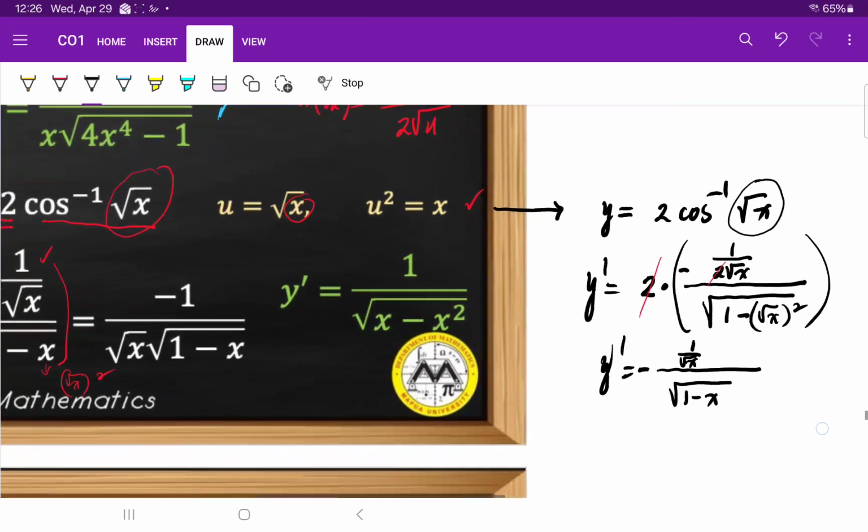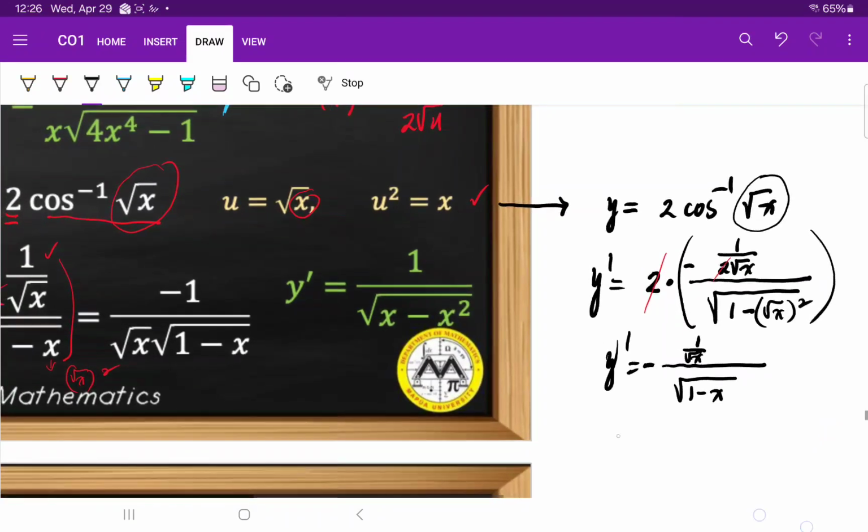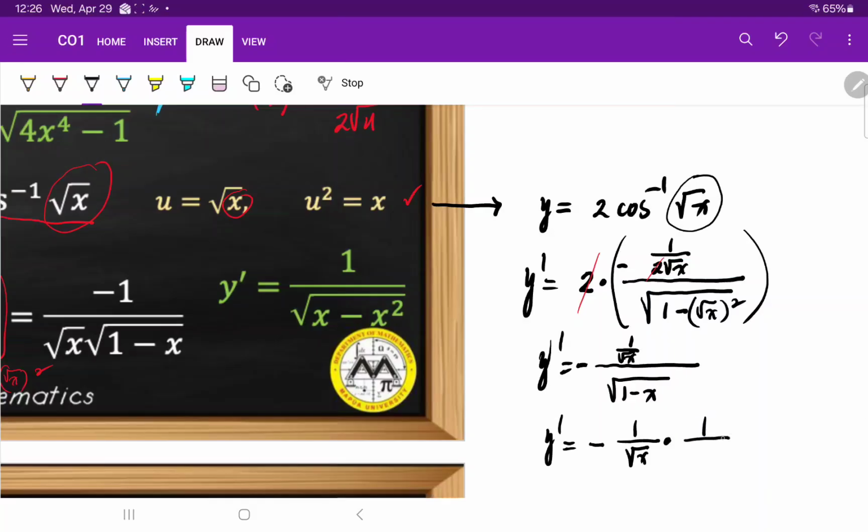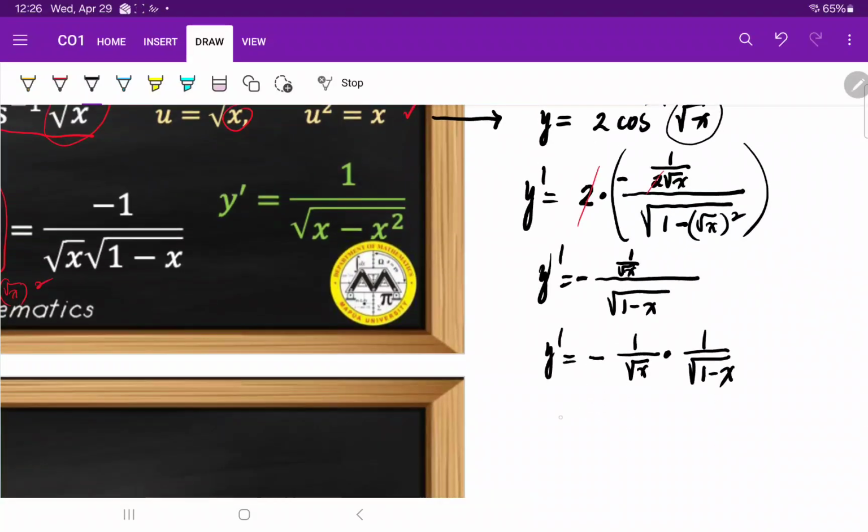So if we simplify further, the numerator is 1 over the square root of x. Then we multiply this by the reciprocal of the denominator, which is 1 over the square root of 1 minus x. So y prime is now equal to negative 1 over the square root of x times the square root of 1 minus x. Okay, so that's how we get this one.